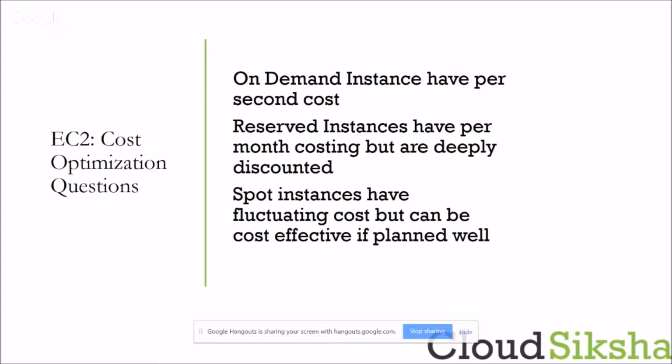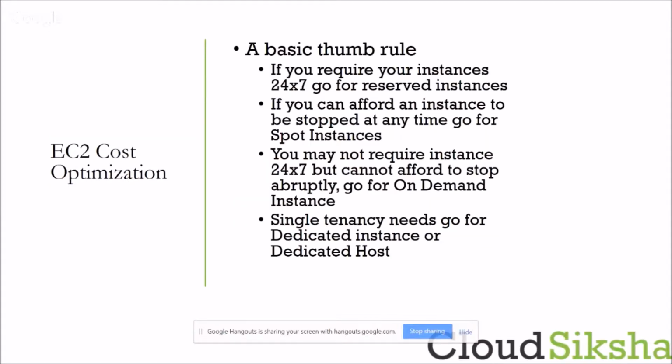So let's have a rule of thumb and look at what sort of answers you need to give to different questions. Here is the basic rule of thumb as far as cost optimization goes.